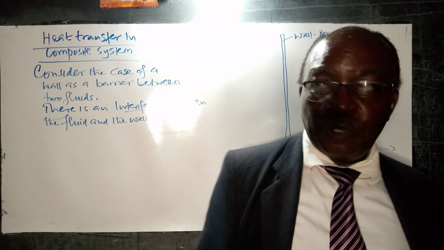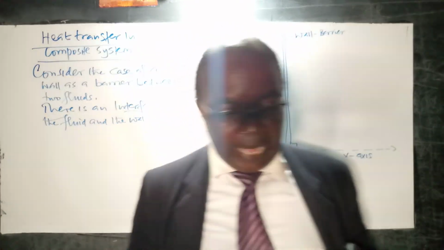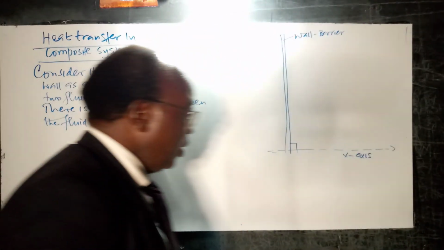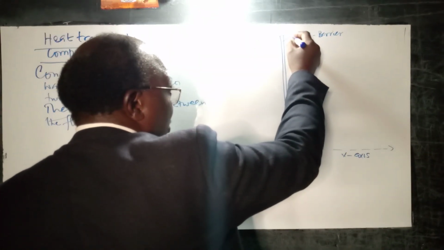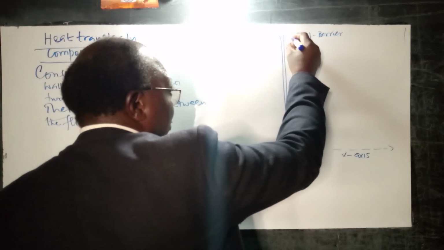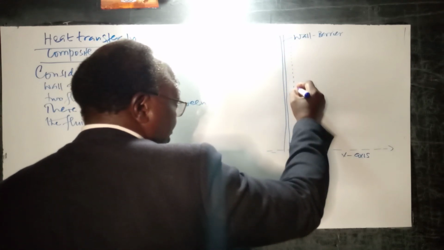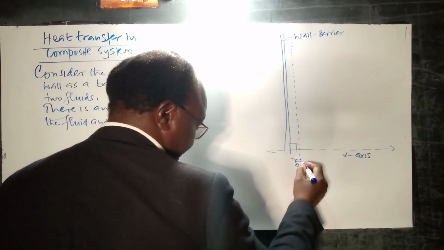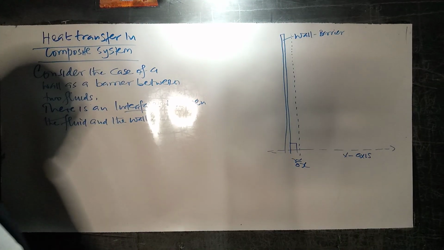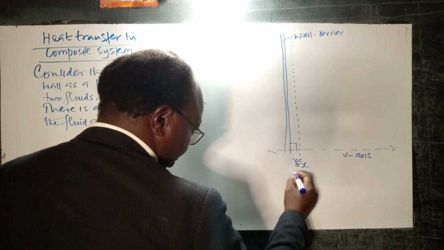And the other thing which we need to know is that when you are next to the wall, let us take some theoretical stagnant layer next to the wall. This is a layer, let's call it delta x. That's a stagnant layer next to the wall.